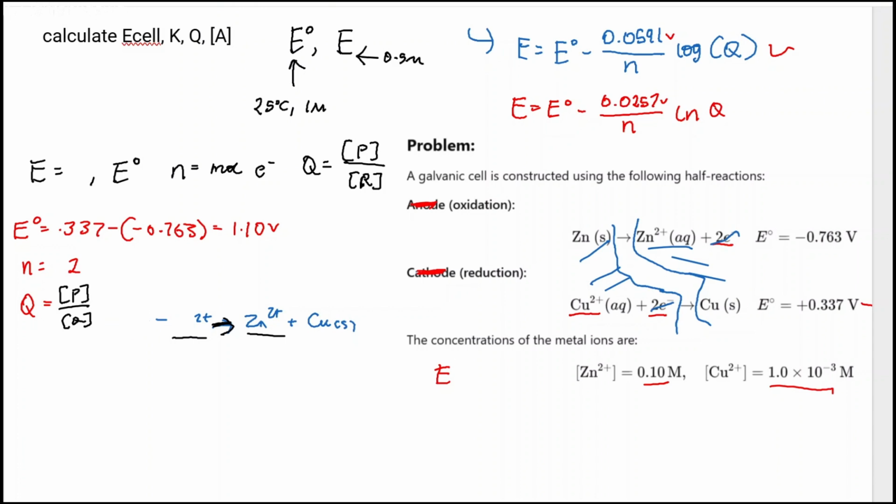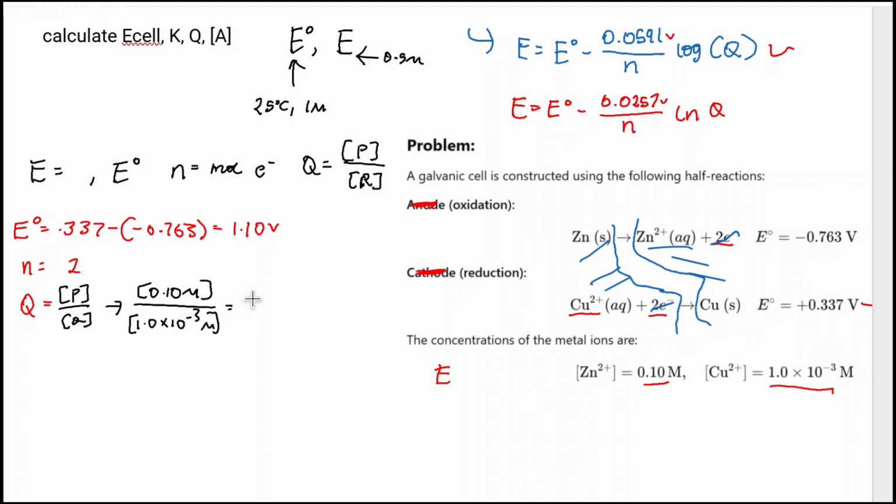I'm going to erase this. And then we put the product, which is 0.10 molar, divided by the reactant, which is 1.0 times 10 to the negative 3, also molar.